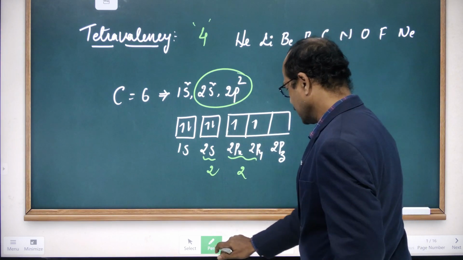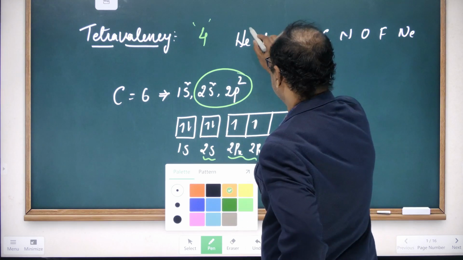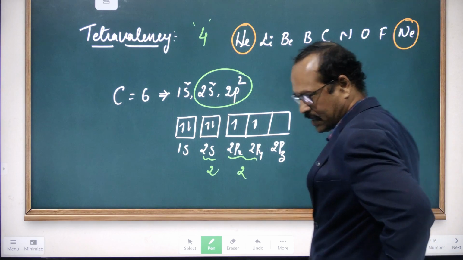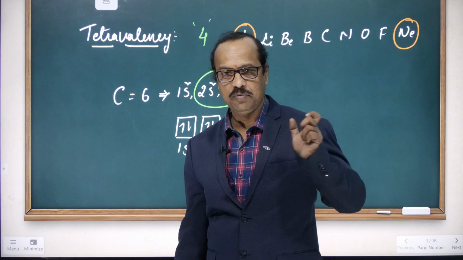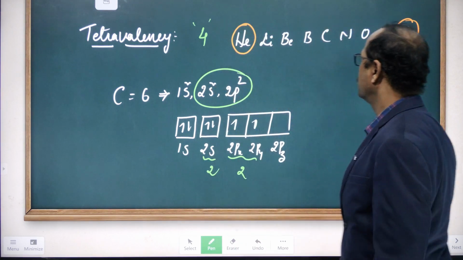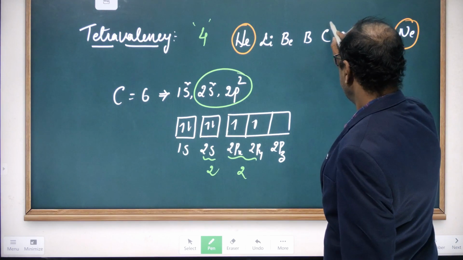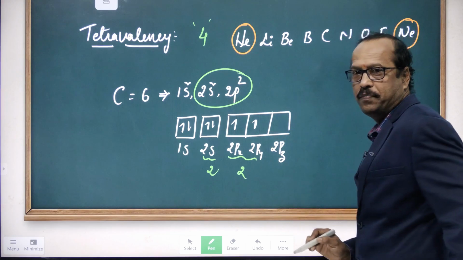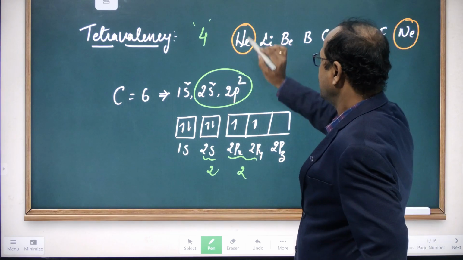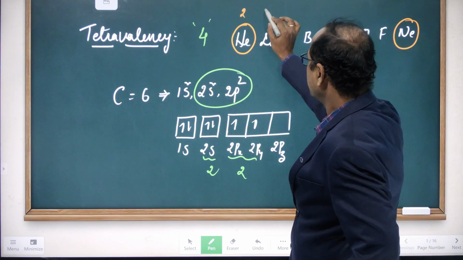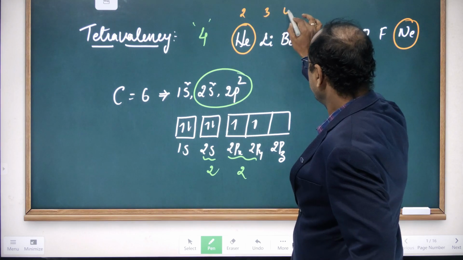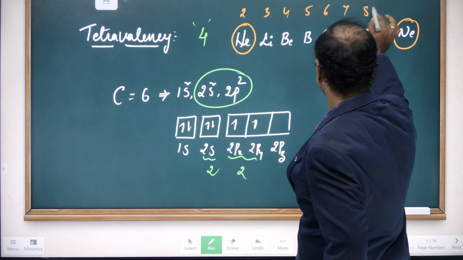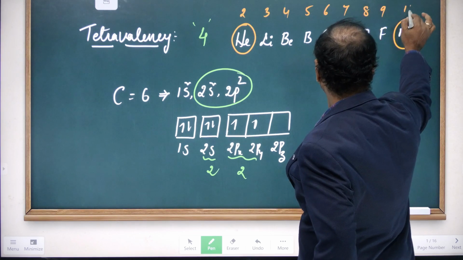In this, you know that helium and neon are the inert gases, and they are stable elements. So carbon, to attain the electronic configuration of the inert gas, that is helium. Helium's atomic number is 2, lithium 3, beryllium 4, boron 5, carbon 6, nitrogen 7, oxygen 8, fluorine 9, and neon 10.